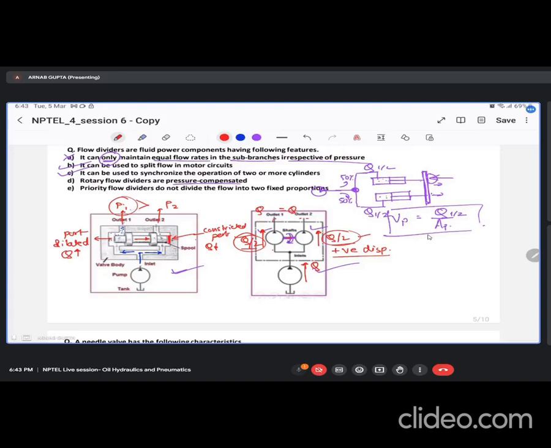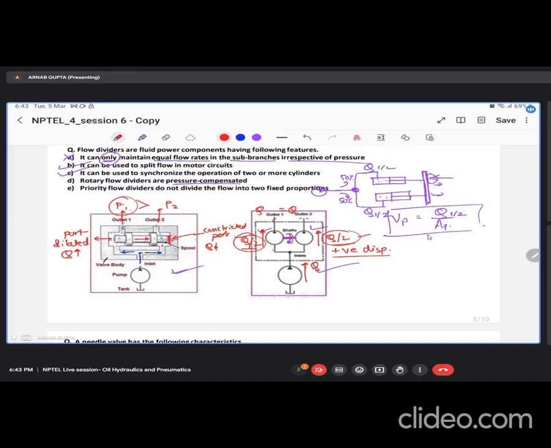As we could understand, the pressure at P1 is higher. So originally, if there was no compensation, the flow through this would be restricted. We don't want that, so that's why we are dilating this particular port.